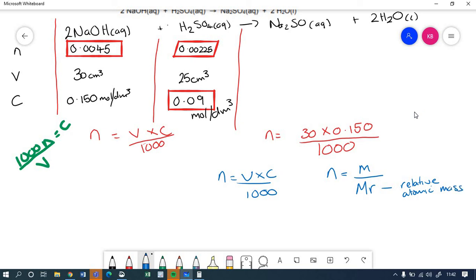And the relative atomic mass, you look at the formula, so you've got H2SO4, and we've got to work out, there's 2 times 1 there, because the mass of hydrogen is 1, so it's 2 ones.